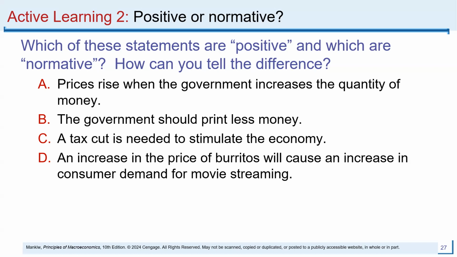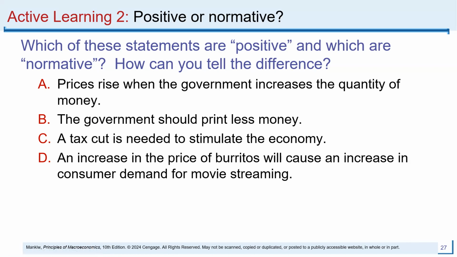B, the government should print less money. Whenever there's a word should, ought to, or supposed to, it is definitely a normative statement. C, a tax cut is needed to stimulate the economy. Here the wording is not as strong as the previous one.